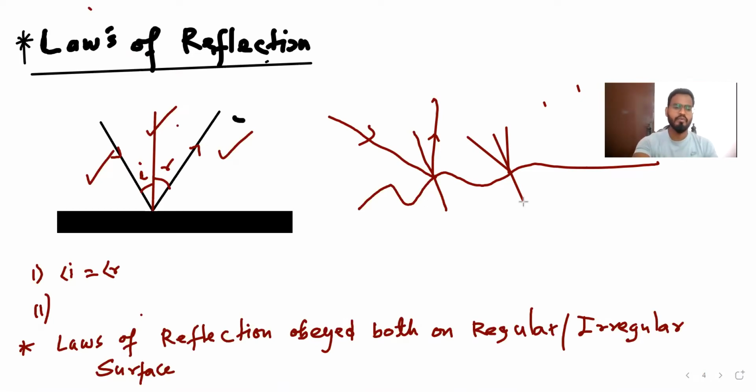That is the main point. So laws of reflection are obeyed on both regular as well as irregular surfaces. Angle i is equal to angle r, incident angle and reflected angle are always equal. The second rule is that the incident ray, reflected ray and the normal all lie in the same plane.